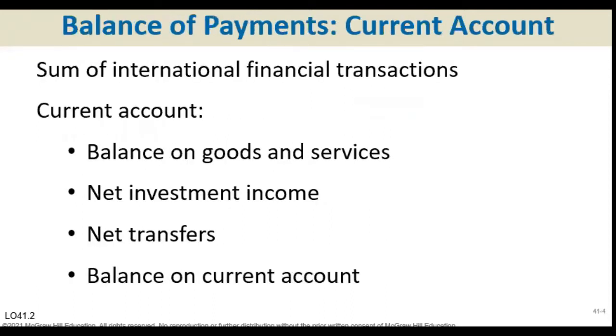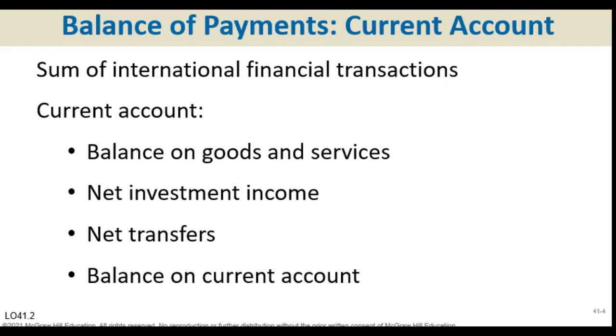So, the balance of payments. The balance of payments is a sum of all international transactions taking place between a nation's residents and the residents of a foreign nation. These transactions primarily fall into either the international trade or the international asset exchange category.